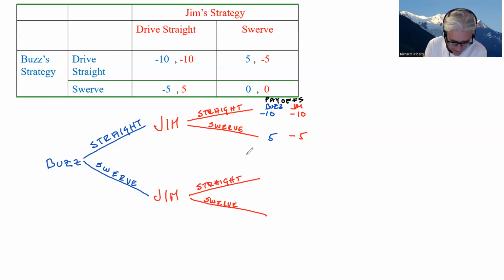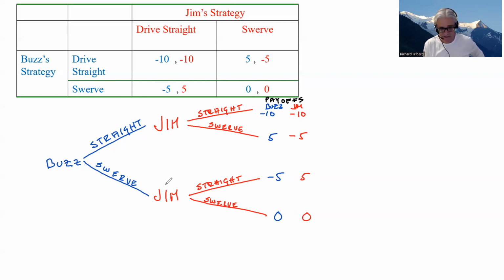Continue with Jim. So if Buzz swerves, Jim drives straight, -5. Here we have 0. And then we have 0 there as well. And here we have +5. Okay, so now we've described the game.